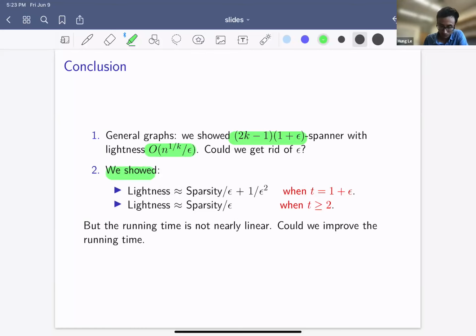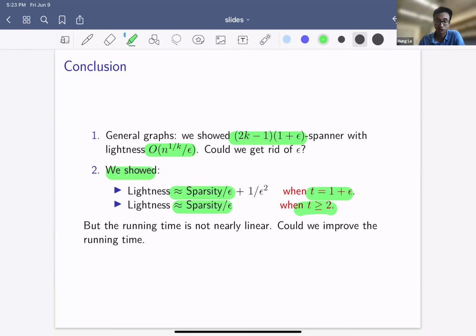And the second question. We show in the paper that lightness is approximately sparsity over epsilon plus 1 over epsilon squared when t is 1 plus epsilon, and lightness is sparsity over epsilon when t is at least 2. That's what we show. But the running time to get these spanners with this very small lightness is not linear.